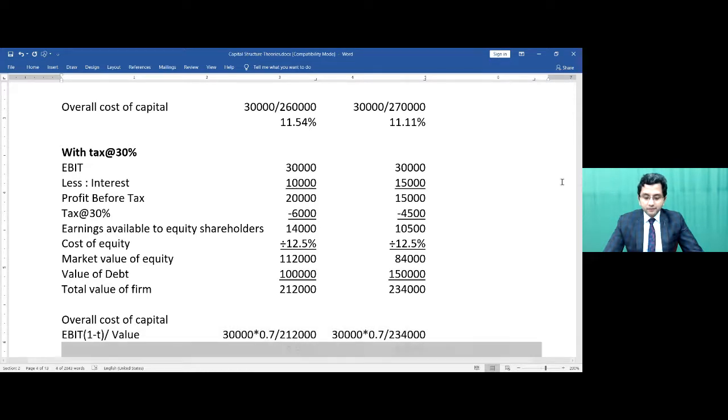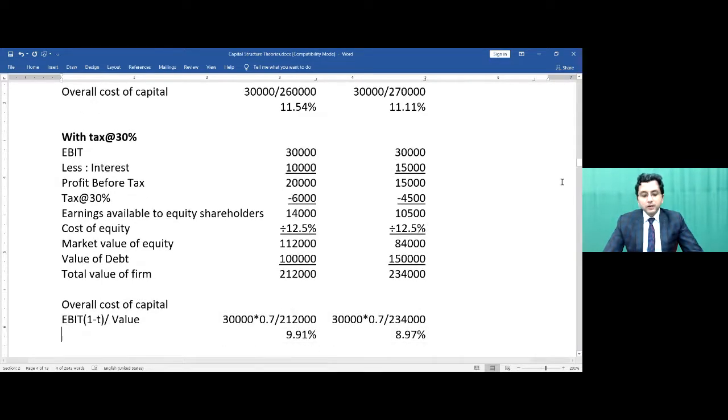So that way, overall cost of capital should be, I'm not sure, but it should be 9.91 and 8.97%. Overall cost is reducing by approximately 1%. And when there was no tax, overall cost was reducing just by 40 basis points, 0.4%.